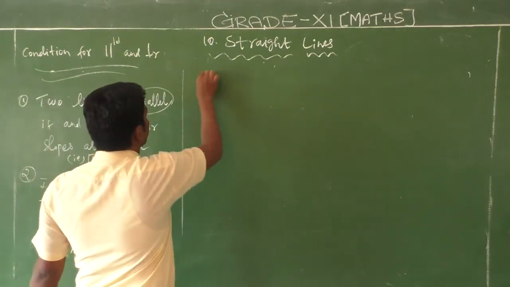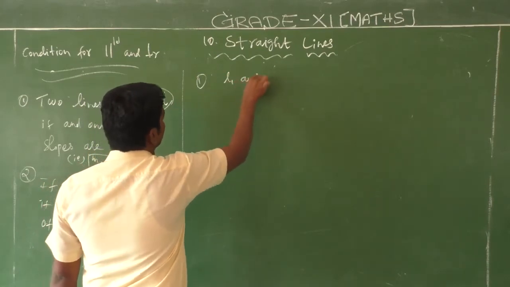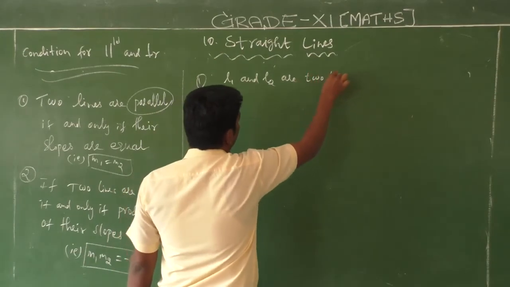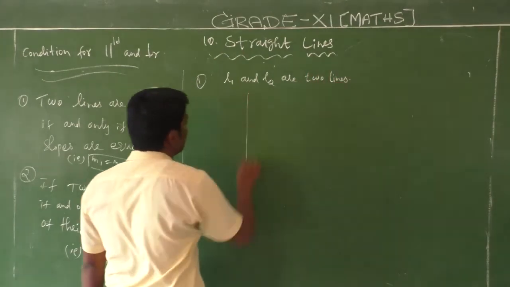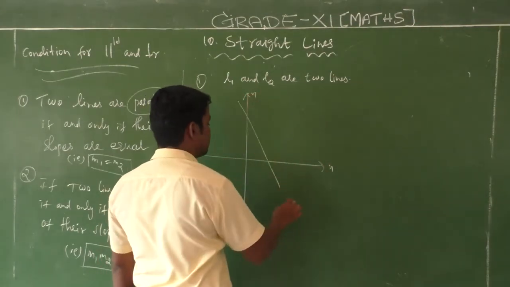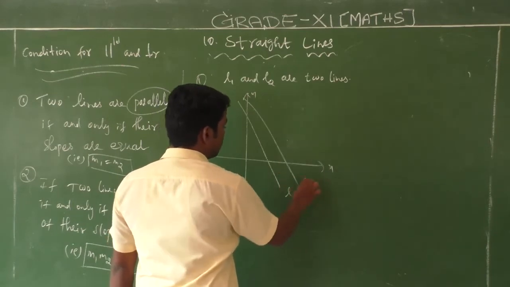First one. Let us consider L1 and L2 as two lines. Draw the two parallel lines. This is L1 and this is L2.